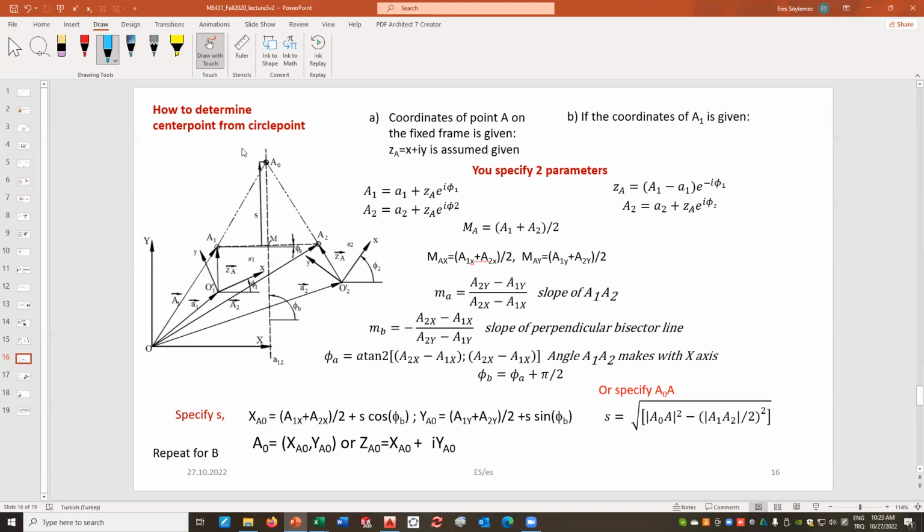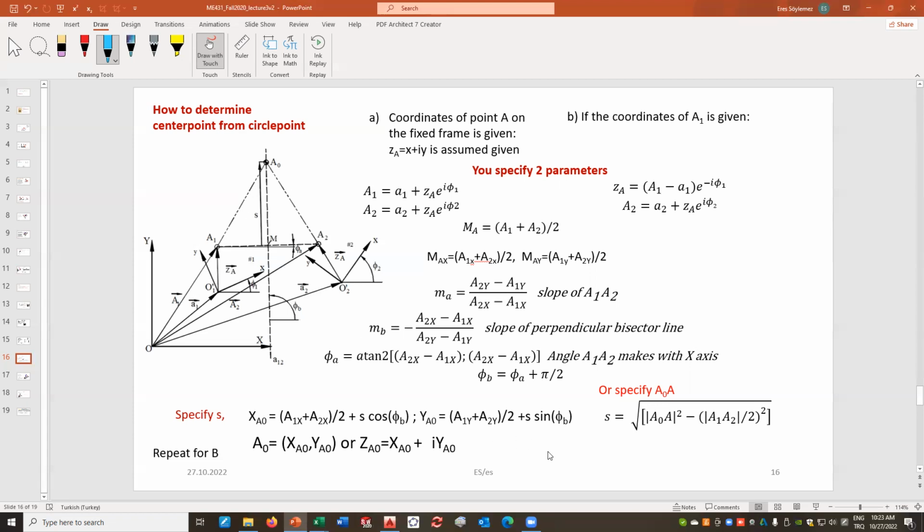According to this crank length, I can determine A0 either here or here, above or below, because if I draw a circle, it will intersect at 2 points. I can select that and then locate A0.